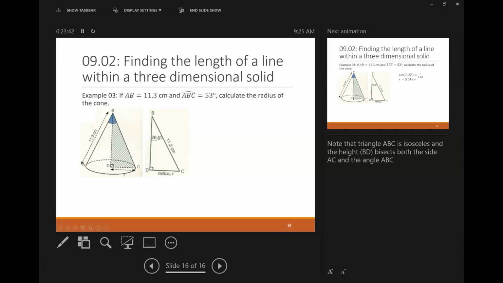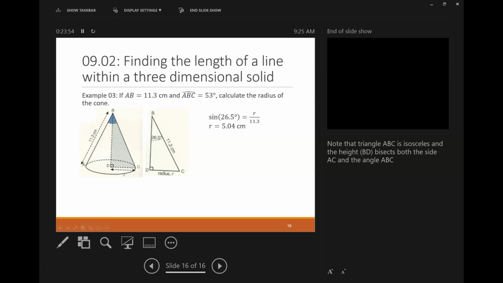Specifically, we know the hypotenuse, and we know the opposite side to our angle. So which trig function do we want to use? Sine. So I can say sine 26 is equal to opposite over hypotenuse. And when I solve that equation by multiplying both sides by 11.3, I get 5.04.